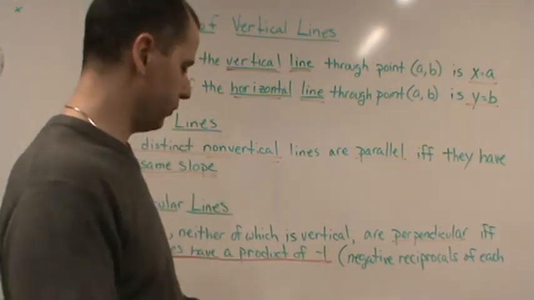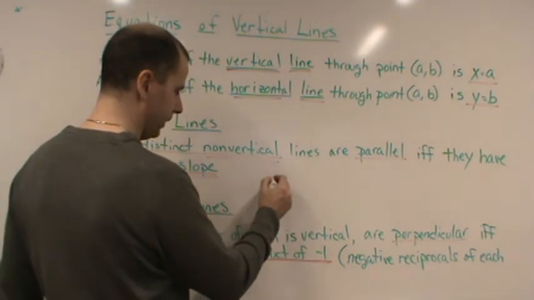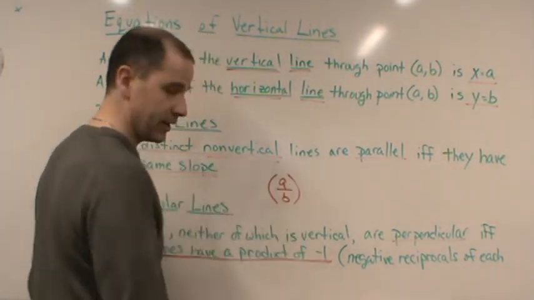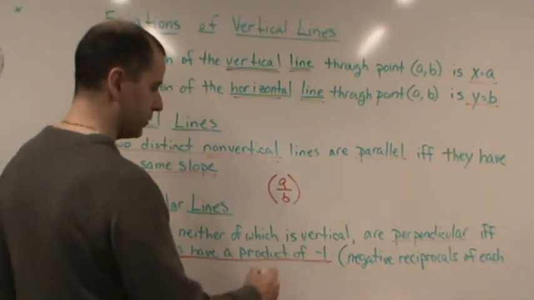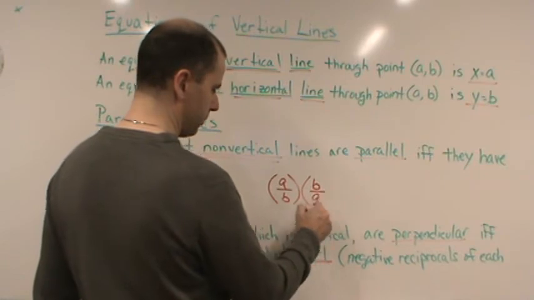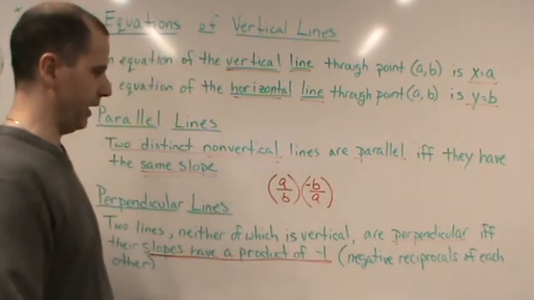What does it mean to be a negative reciprocal? If one slope is a over b, the other slope has to be the negative reciprocal. Reciprocal means we flip it, and the negative means we take the negative of it.